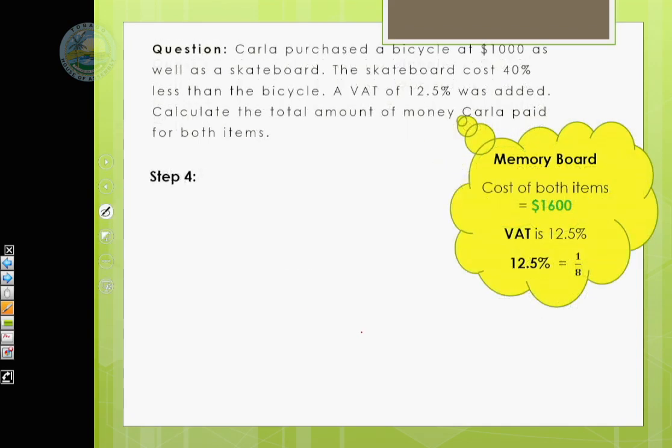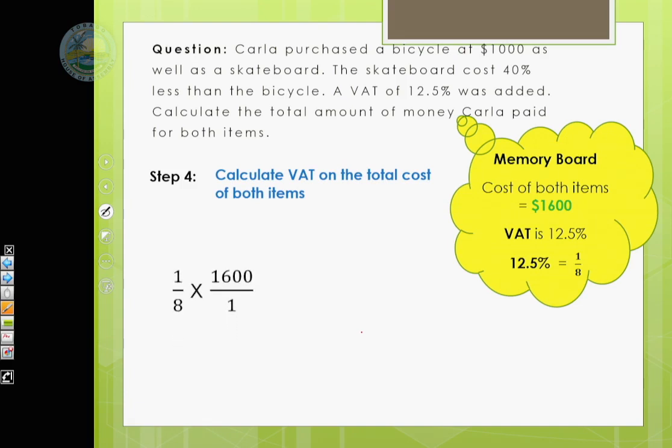So now we found the total cost. The cost of both items is $1,600. Now we are going to find the VAT on both items. Calculate the VAT on the cost of both items. And here we go.